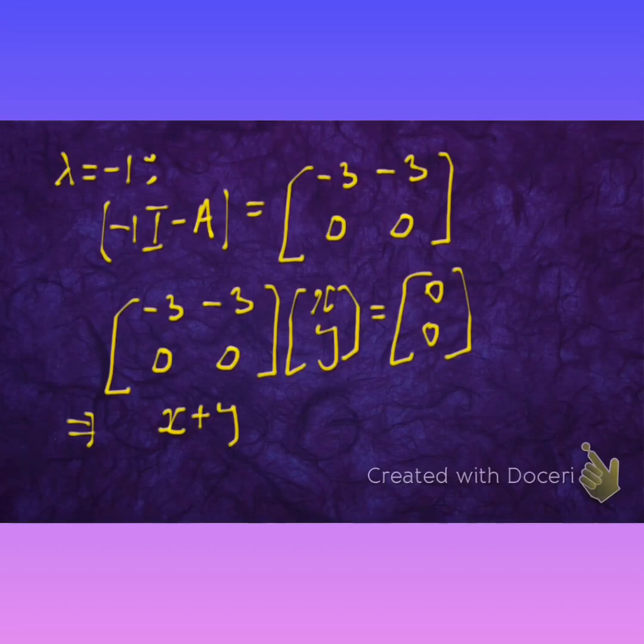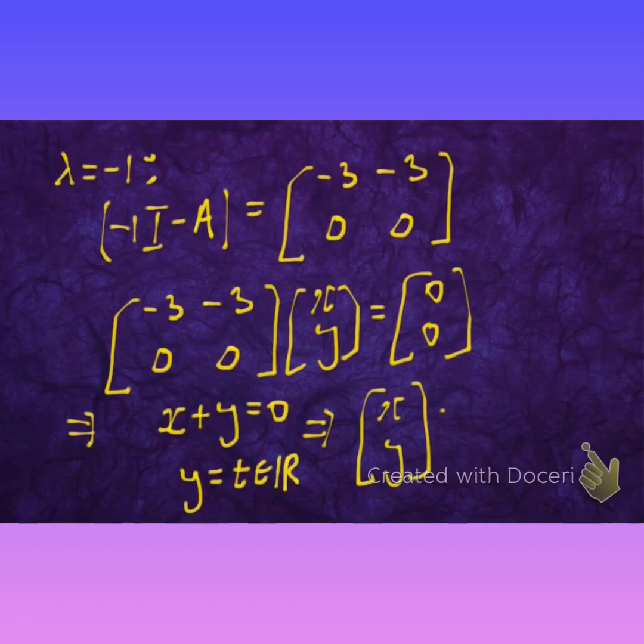So you take that matrix and determine the null space, and that corresponds to the system where x plus y is equal to 0 and y is a parameter t. That corresponds to all vectors such that x is minus t and y is t.